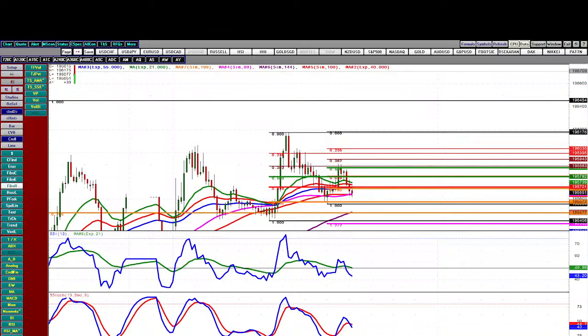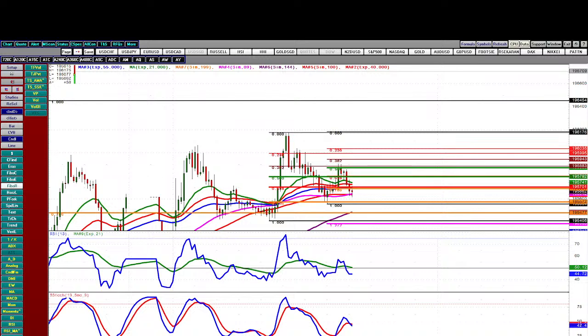Okay, cautious buy pound yen 0.3 at 195.20, stop at 194.90, TP at 197.70.